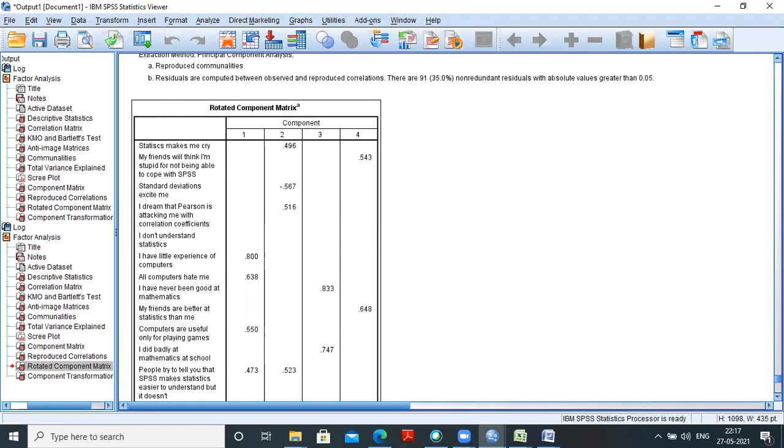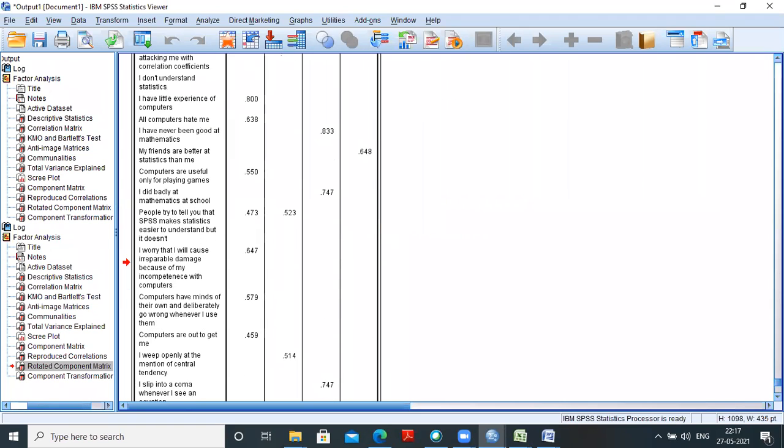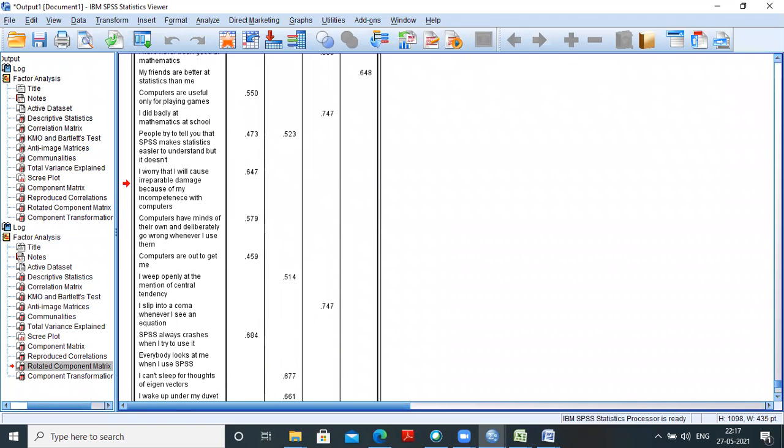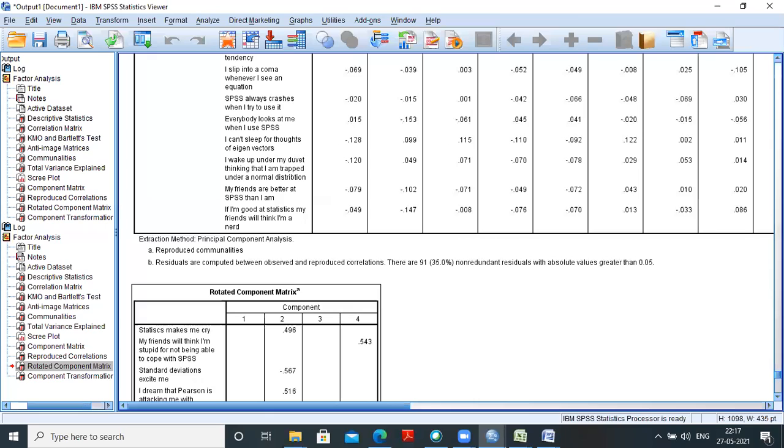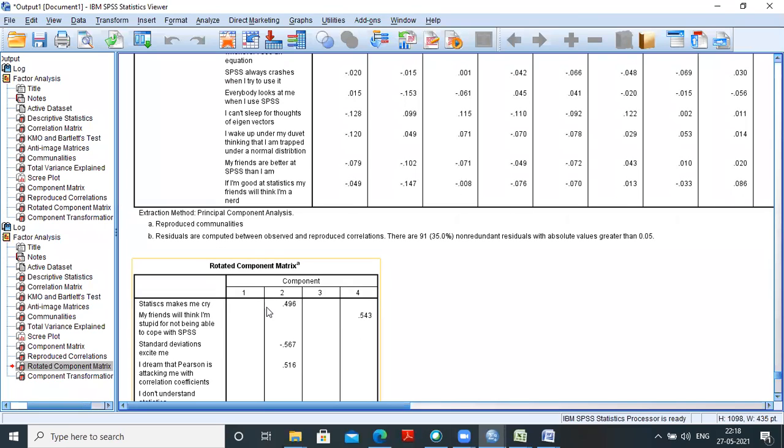All these statements are related to difficulty in understanding or handling computers. So all these statements are grouped together in one component, that is the first component.